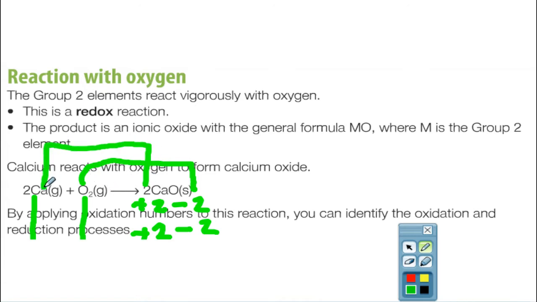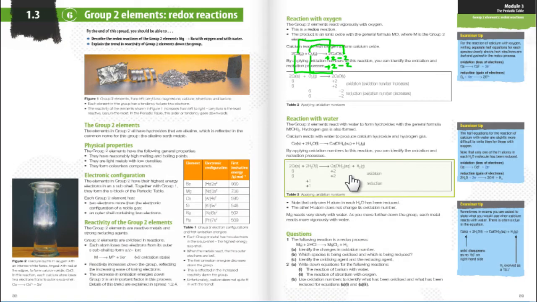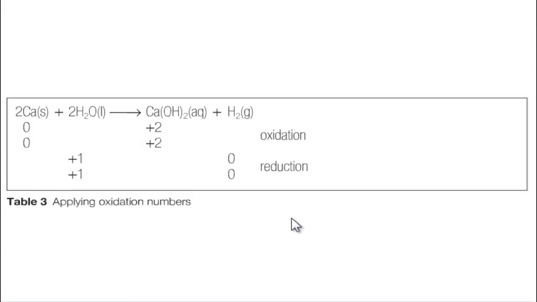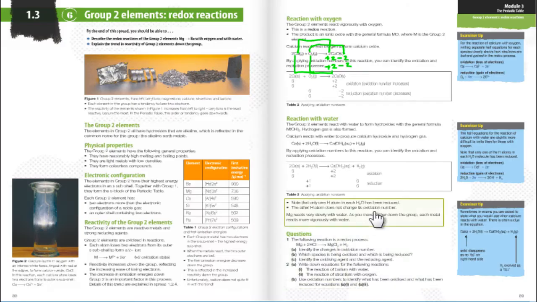I cannot draw, so we'll leave it and we'll look at the reaction with water now. If we apply oxidation numbers to this particular one, elements are 0 and the H is +1 when it's bonded to an oxygen, and calcium is always +2, OH is -1, and H2 is always 0. So calcium has been oxidized and hydrogen has been reduced according to that one.